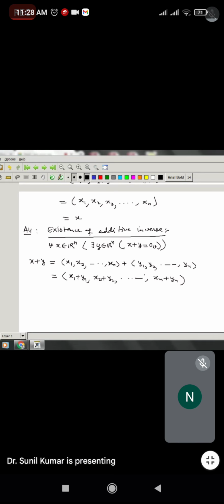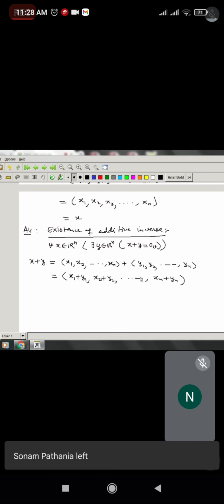How can we add? We have already defined this. So x1 plus y1, we add first element with first, second with second, x2 plus y2, and so on up to xn plus yn. Right? Okay.